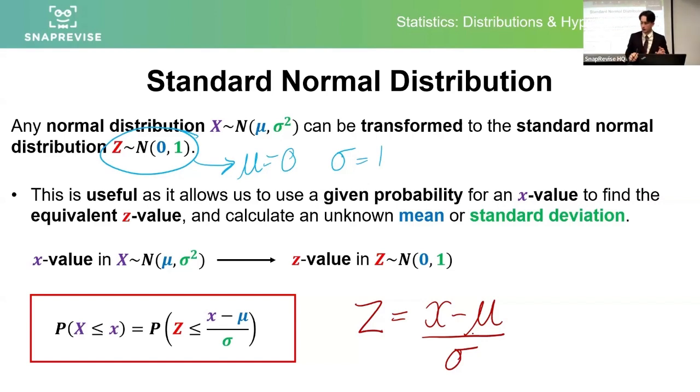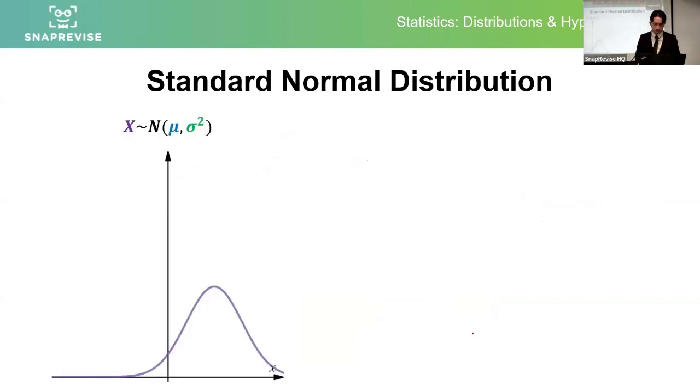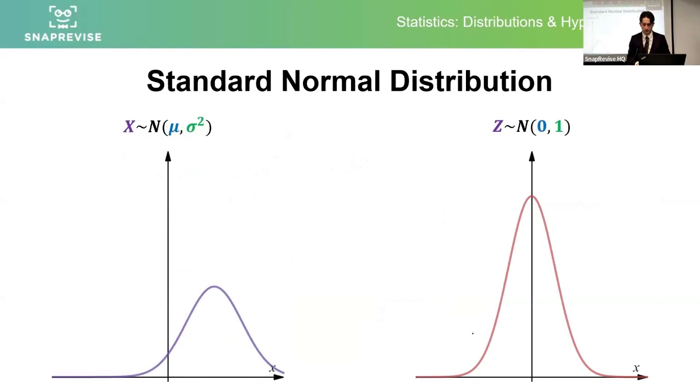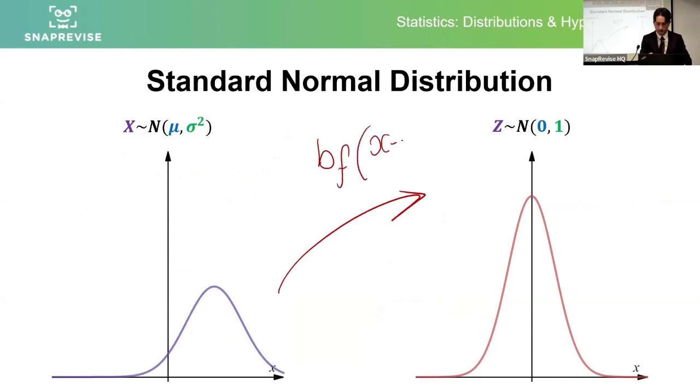Okay, and I'm going to show you what I mean now. So there's a random normal distribution. There's the standard normal. They are graph transformations of each other. So it's like this is like B f of x minus mu over sigma.